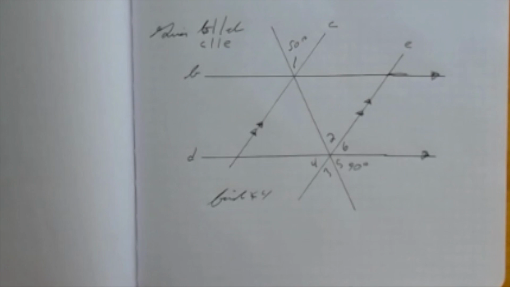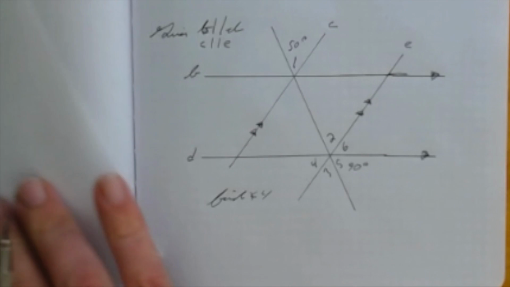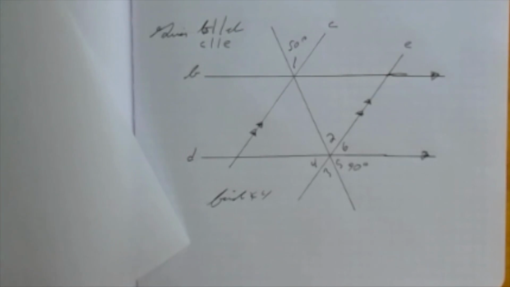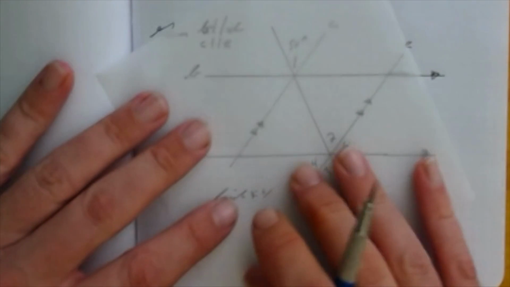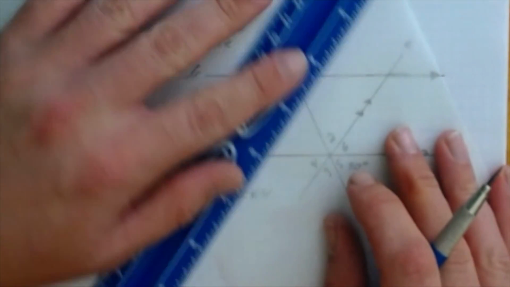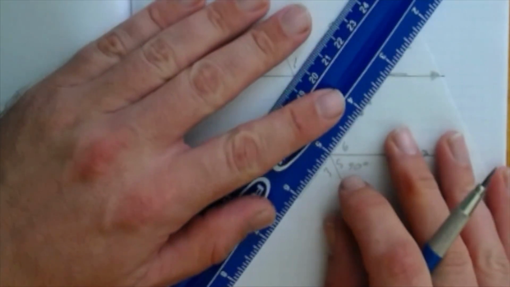Starting out, this looks very confusing because there are so many lines in here. To make things a little bit easier, we want to view this picture as parts. I'm very interested in angle 1 at the moment, so I'm specifically looking at the CE parallel lines.